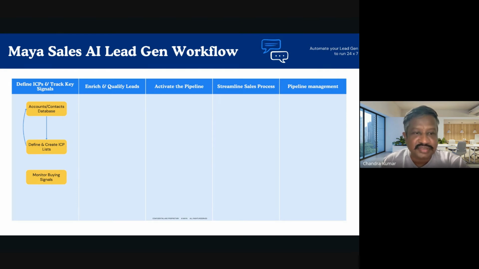As we look further, the databases in the digital world also comprise buying signals, right? There are a lot of providers who supply these buying signals. Buying signals could be that your ICP or target clients are searching with some keywords on Google. Probably they attended a sales event, or they visited your website, or they requested some collateral.